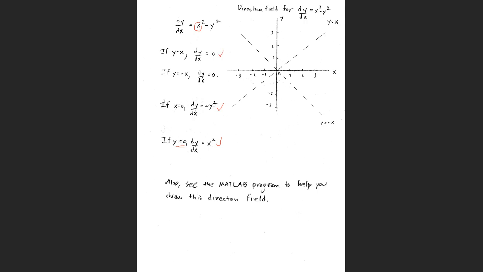So given these four pieces of information about the derivative, I can draw a direction field. Let me give you a moment to copy that picture down, and then we're going to fill in our slopes for the direction field. Let me know if you have any questions.